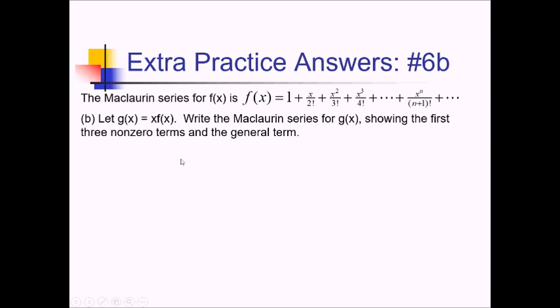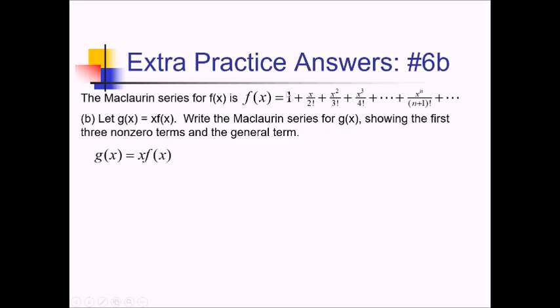For this part of the problem, they're saying g of x is equal to x times f of x. They want the Maclaurin series for g of x, first 3 non-zero terms and the general term. So for g of x equals x times f of x, the good news is they already gave us a Maclaurin series for f of x. So to find the Maclaurin series for g of x, we just have to take this f of x and literally just multiply all the terms by x.